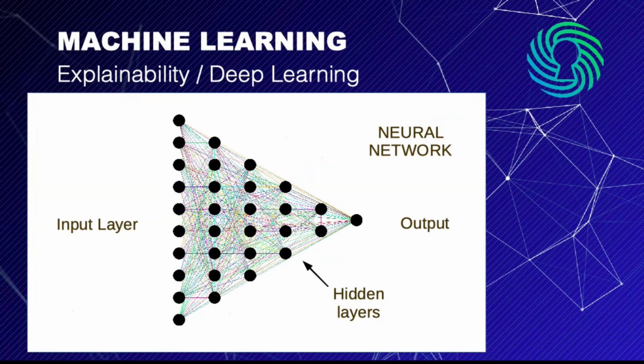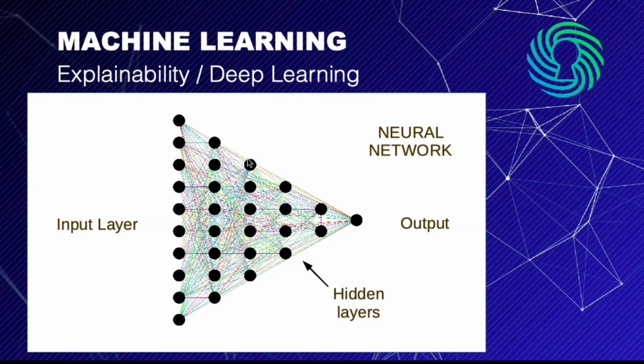The opposite of that is what we call deep learning. Neural networks are a form of deep learning. What happens with this is that you have data coming in over here, and a decision is going to be made on the output. What happens though is there are what are called hidden layers in here. In these hidden layers, it makes decisions that we can't see.